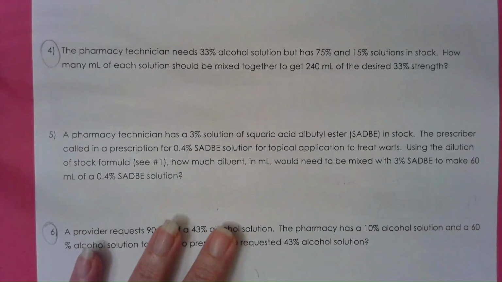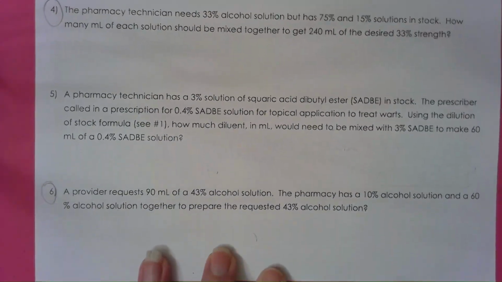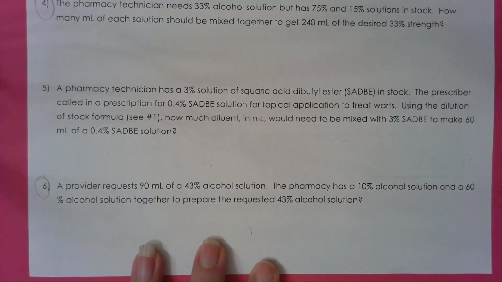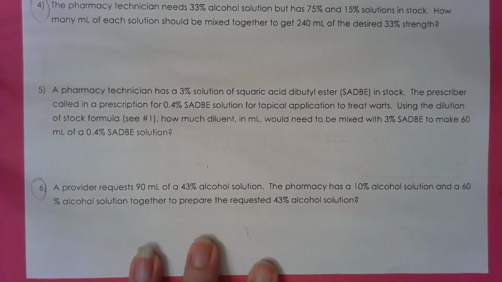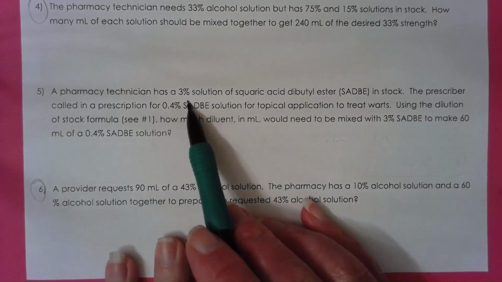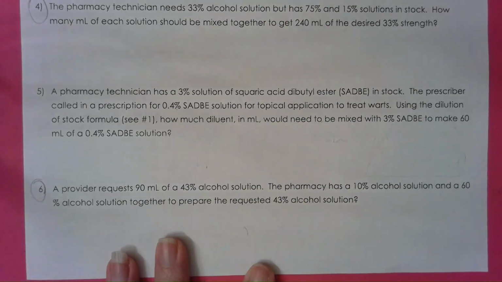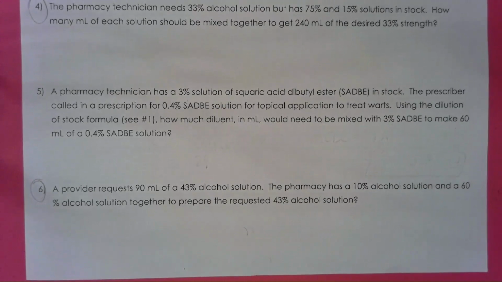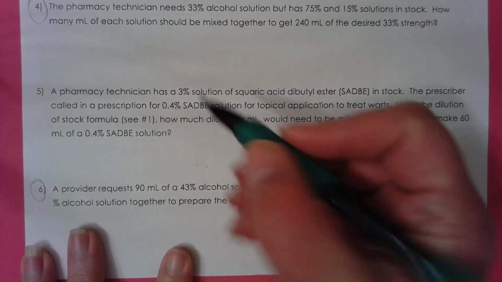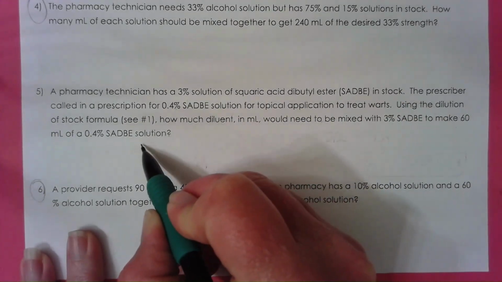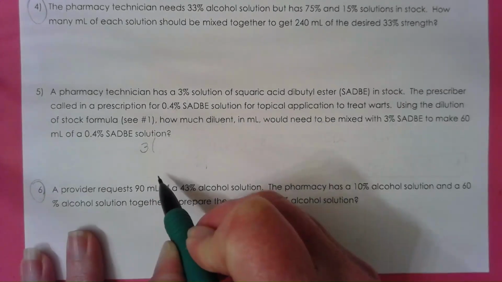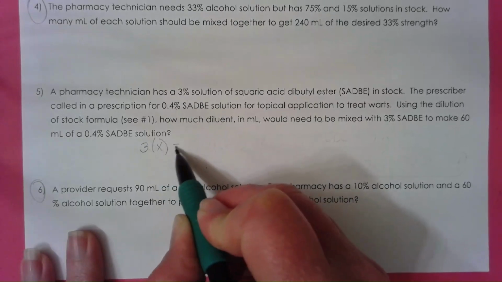So let's jump down here to number 5. You can see the other ones I've circled; we're going to get to those. Okay, so for number 5, this one has a 3% solution, but they want a 0.4% solution. So concentration 1 is 3. Volume 1, we don't know.